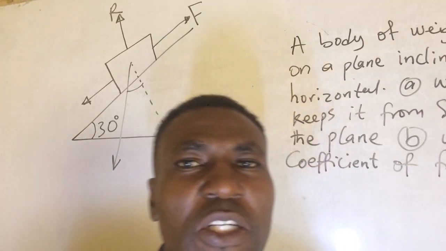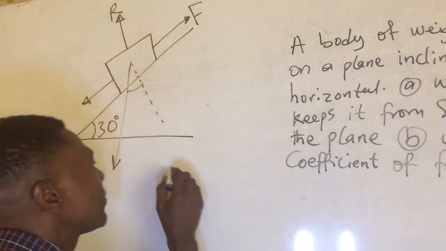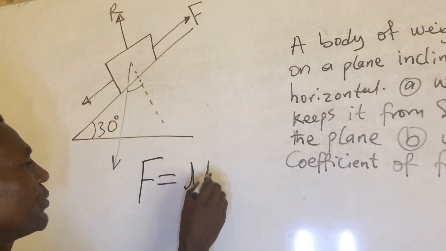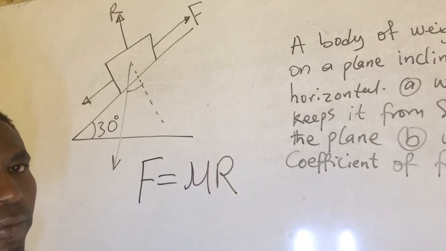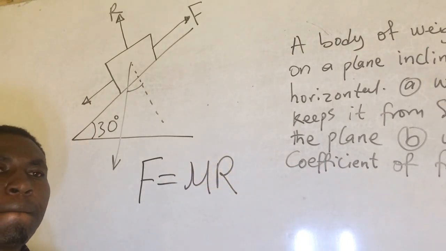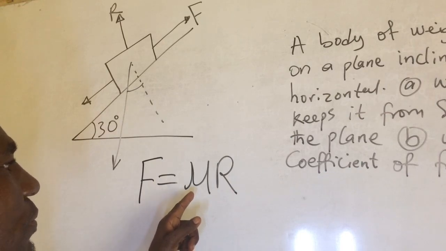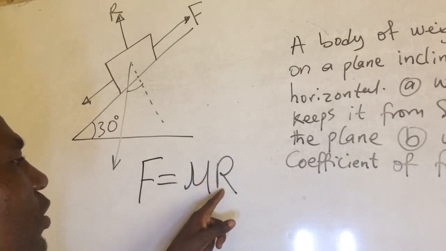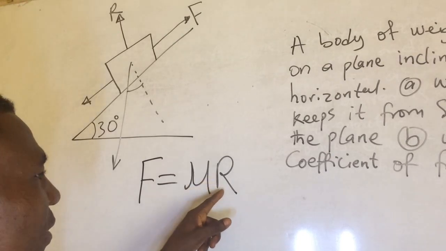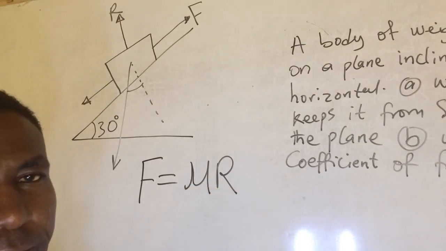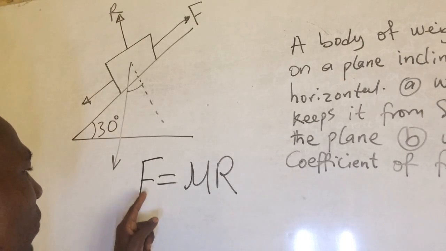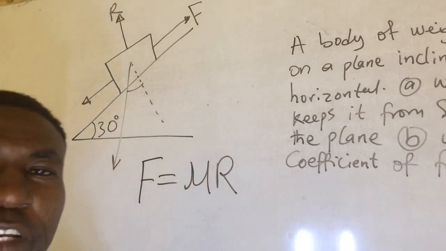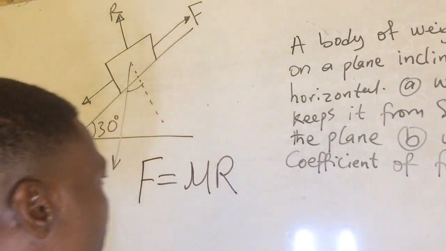Now, under normal circumstances, friction, which is F, is equal to mu R. Friction is equal to the coefficient of friction multiplied by the normal reaction. F represents our frictional force.